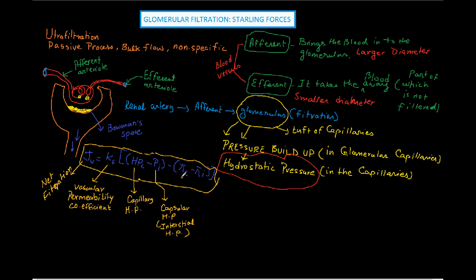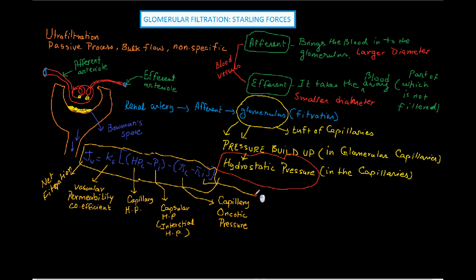Okay, and then pi sub C, pi we denote for osmotic pressure, so that's the capillary oncotic, which is for the proteins and oncotic pressure.